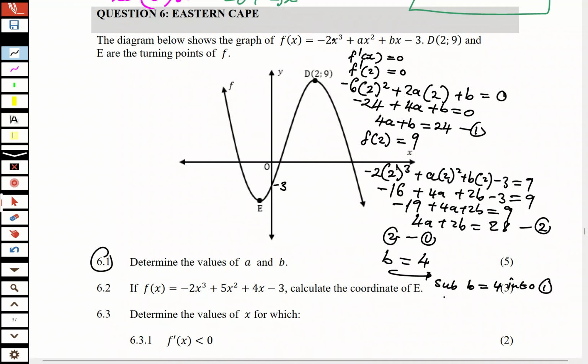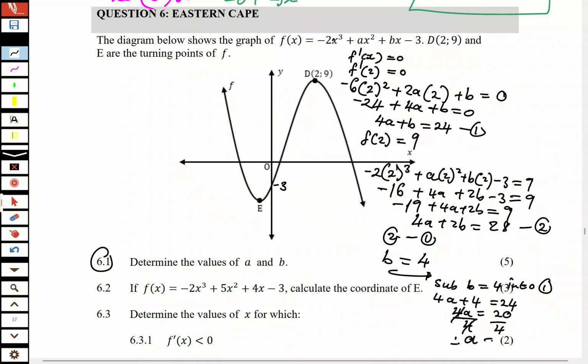So now substitute b equal to 4 into equation 1. You're left with 4 into a plus 4, which is equal to 24. So this is 4 into what? Into 20. Is it 20? Yes. Take this to that. You have 20 there. Subtracting 4, you have 20. Divide by 4, divide by 4. The 4 and the 4 cancel.